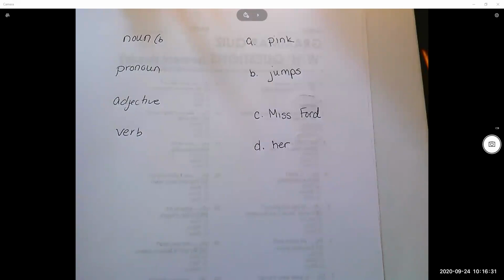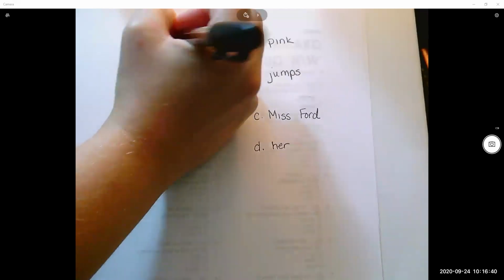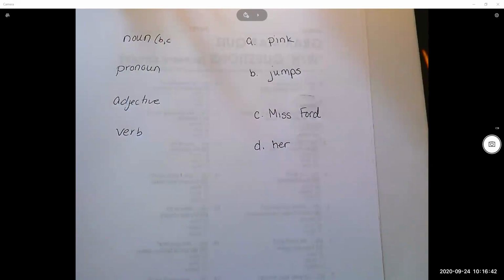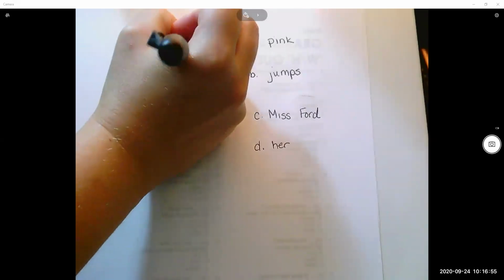Miss Ford. Oh, Miss Ford is a person. Well, at least last time we checked, she's a person. So yeah, it could be C as well. And her. Her kind of tells me about a person, but not necessarily a good example for a person. Let's maybe put it down just in case.